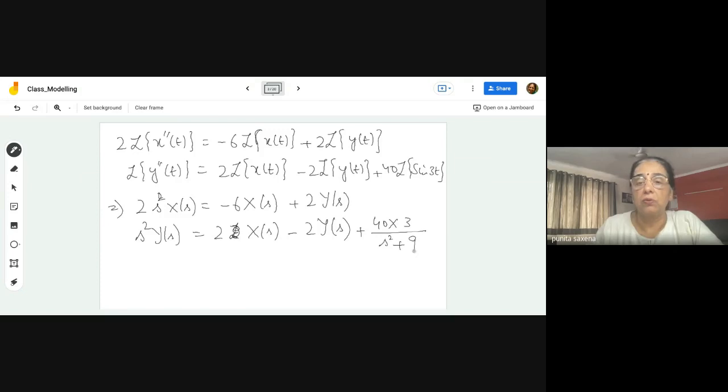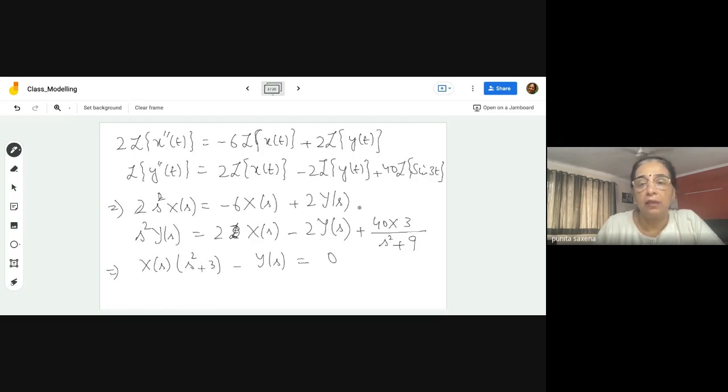So basically now, can you not collect, like in the first equation, I can collect the coefficients for Xs. Now this is 2, so this will be simply s square plus 3 minus Ys equal to 0.